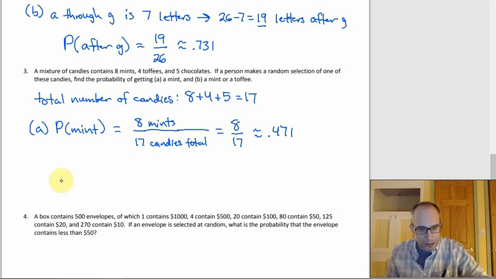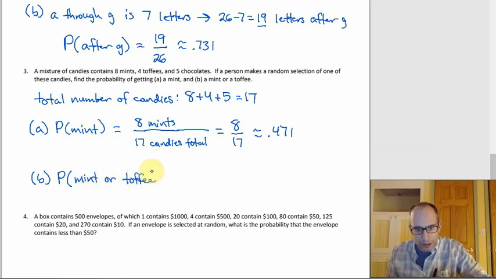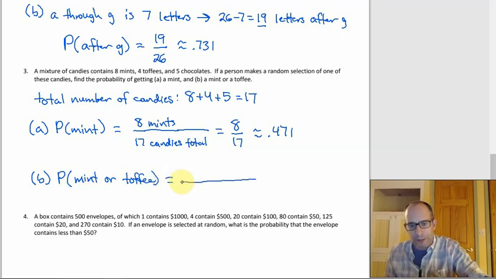And then, B. We'd have the probability of mint or a toffee. So we're going to have to add some stuff in the numerator this time. I'll do this one in words too. You have 17 candies total still.